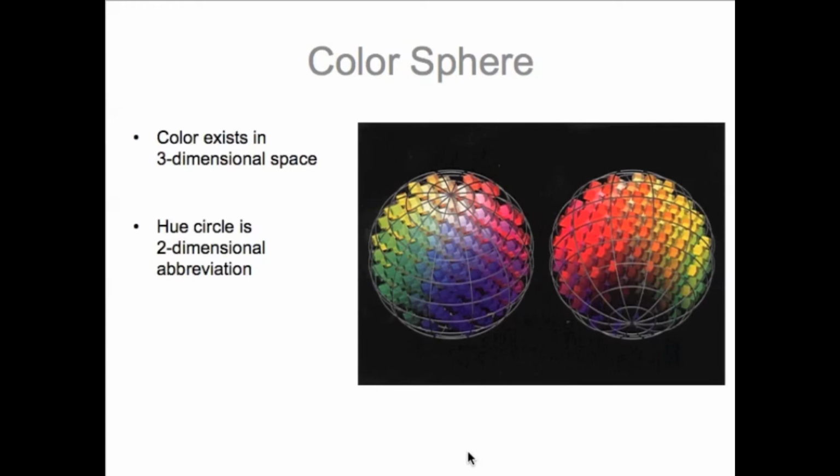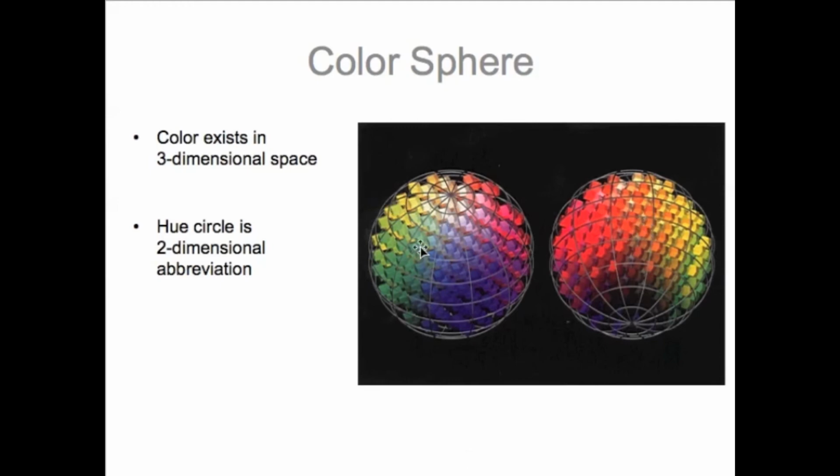If you're used to working with Photoshop and you have played around with the modes, you'll understand that there's a grayscale mode, there's a bitmap mode, there's a CMYK mode, there's an RGB mode, and all of those modes are color spaces. The hue circle is a flattened version of the subtractive color sphere.